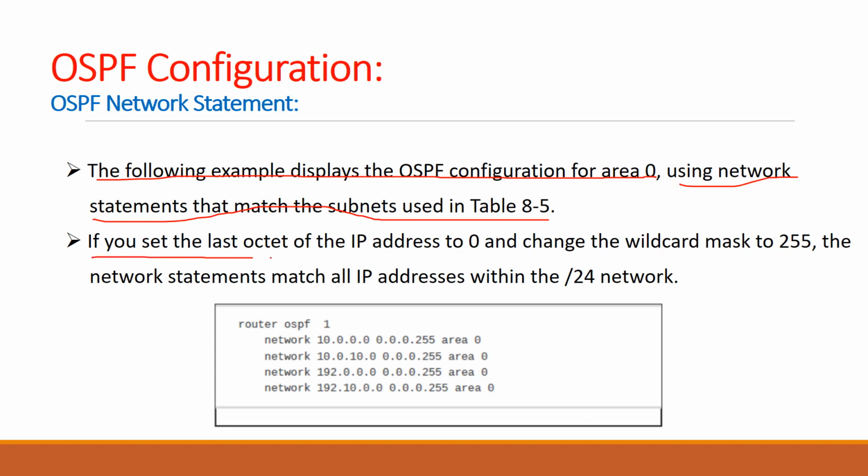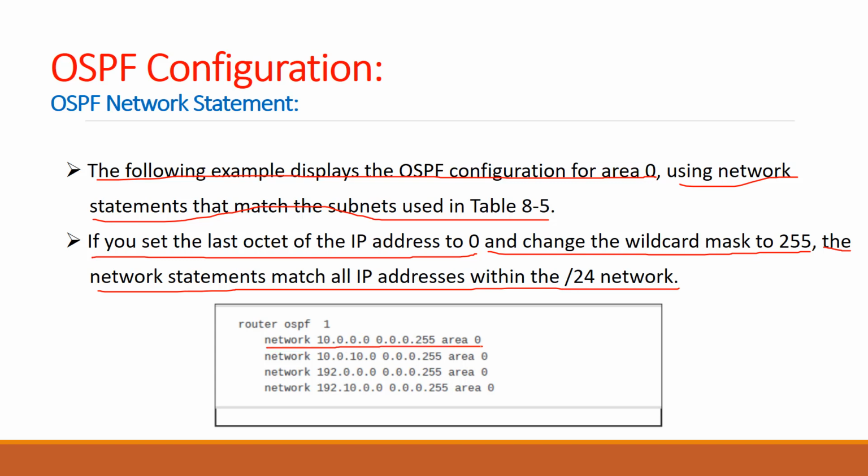If you set the last octet of the IP address to 0 and change the wildcard mask to 255, the network statements must match all IP addresses within the /24 network. So if we use this network statement, OSPF will be enabled on any interface starting with 10.0.0, and similarly in the other network statements.